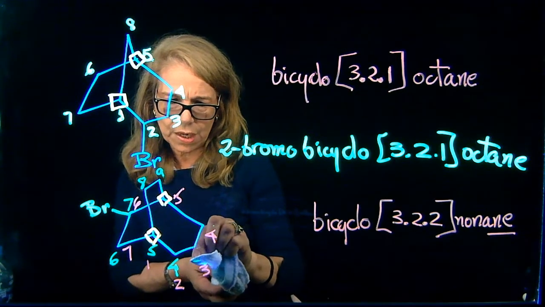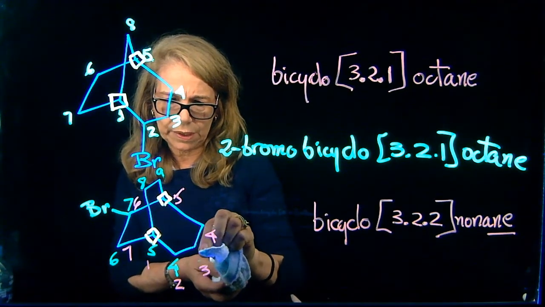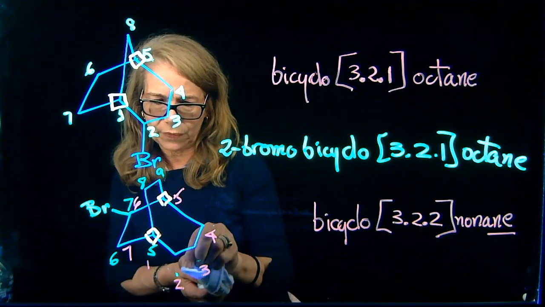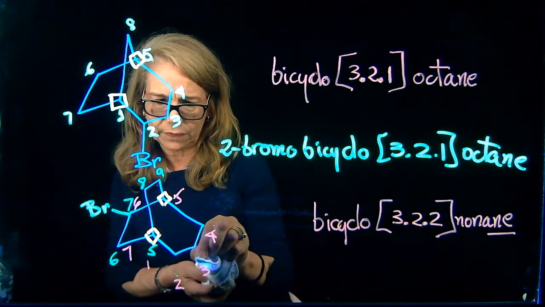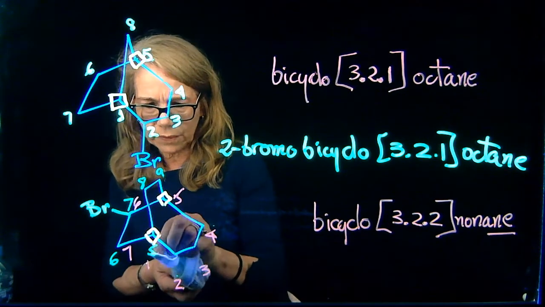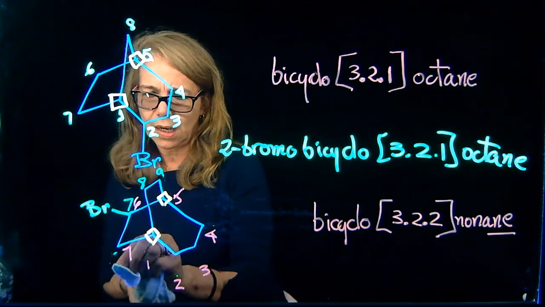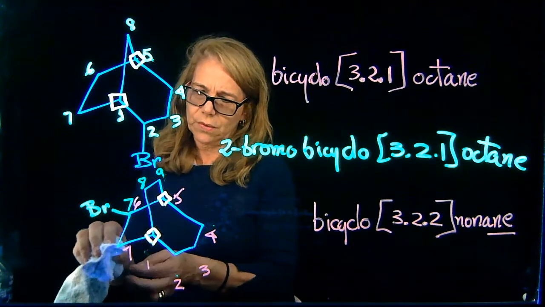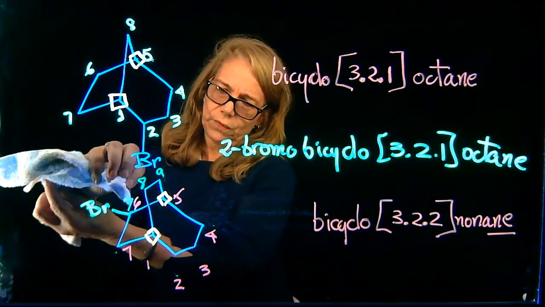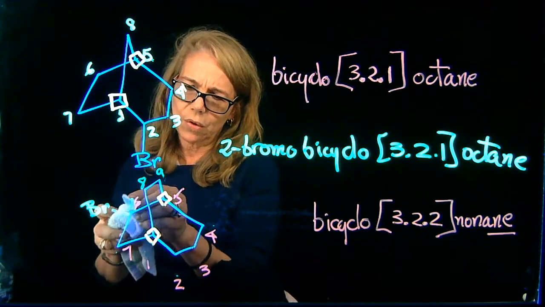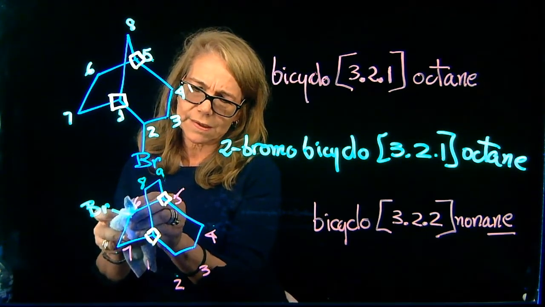We do the numbering and we select the one that gives me the lowest number to specify the location of the substituents. So here I am trying to erase to make it look nice. But the point is that now with these numbers, bromo is in carbon 6.